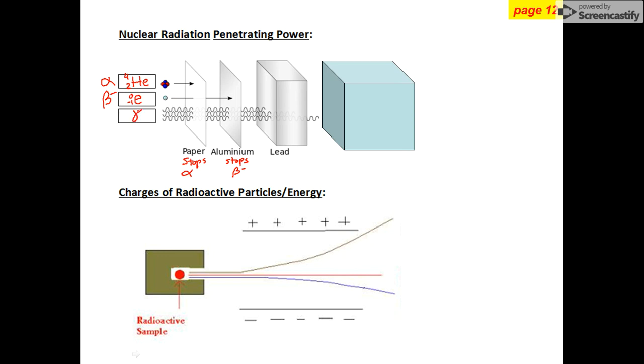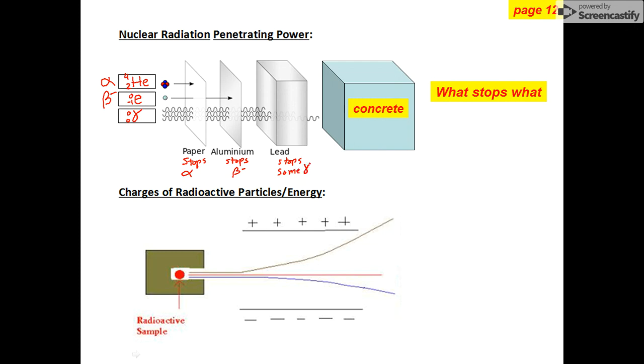Now, what's more energetic? Gamma radiation. Gamma radiation with 0 mass and 0 charge is very, very energetic. It can go through paper. It can go through aluminum. Some of it can even go through lead. And what it is stopped by is concrete. So lead stops some gamma radiation.